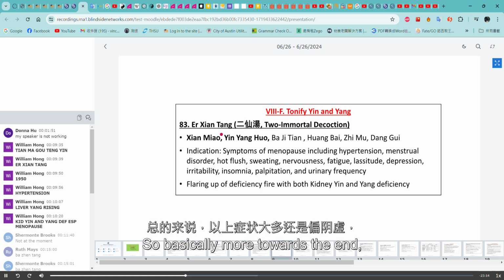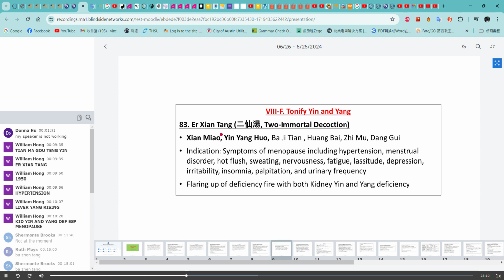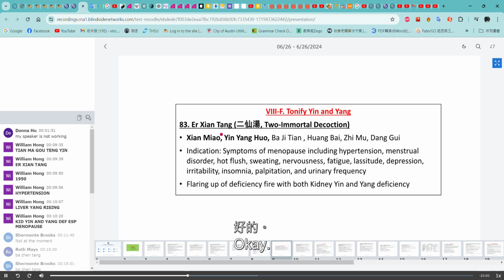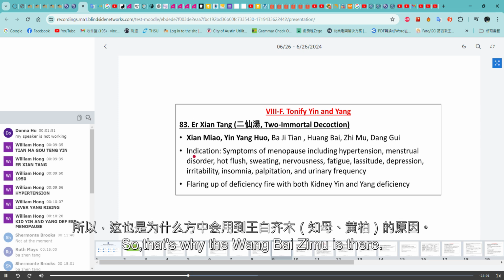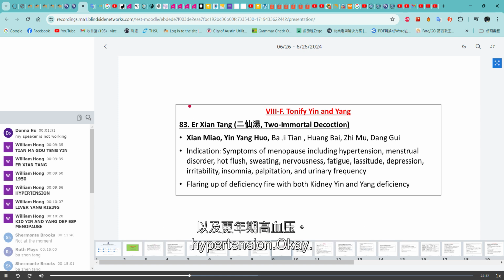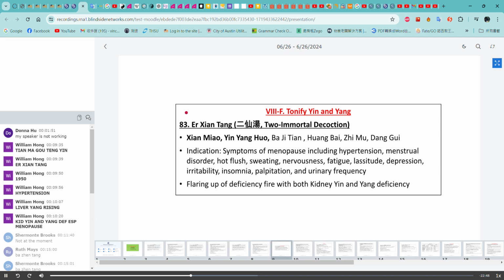So basically more towards the yin, but some yang deficiency, with hypertension and the deficiency fire. That's why the Huang Bai and Zhi Mu are there. Remember Er Xian Tang for menopausal woman, hypertension. Probably on the exam, they give it like that.